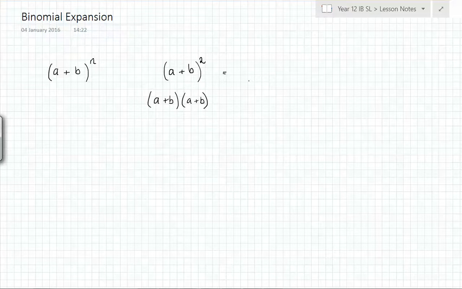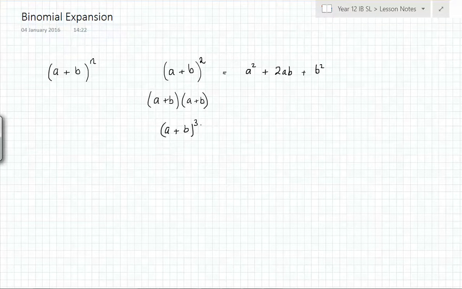So when we multiply this out, however you want to do it, smiley face and eyebrows, we end up with A squared plus 2AB plus B squared. Happy with that?